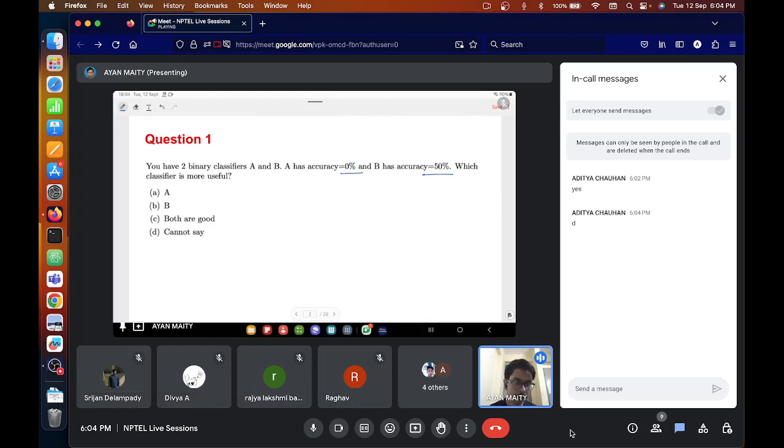Aditya Chauhan has written option D, which is cannot say. Okay.